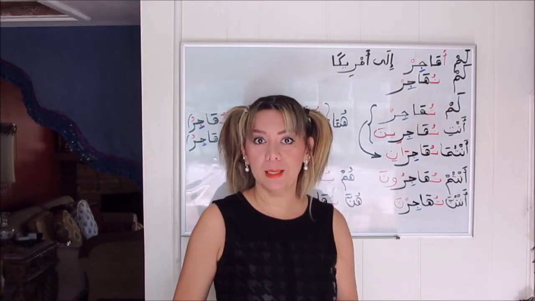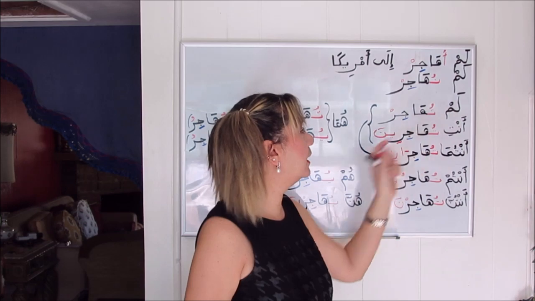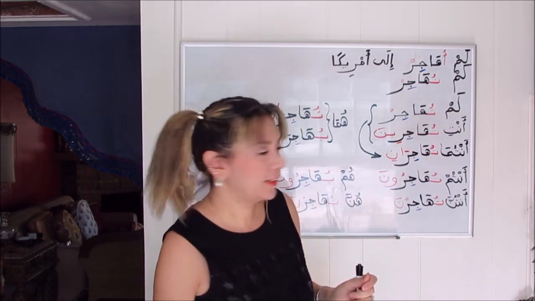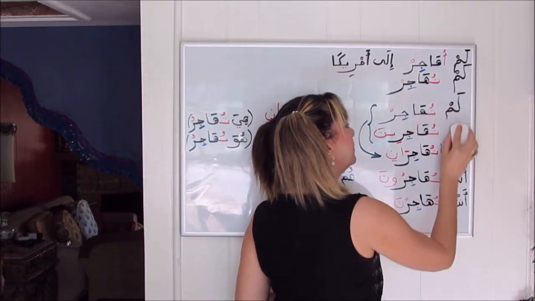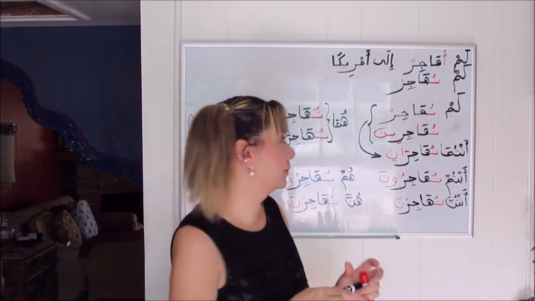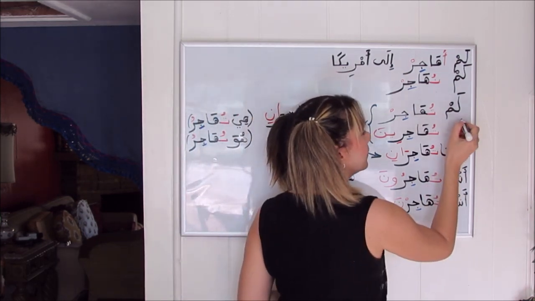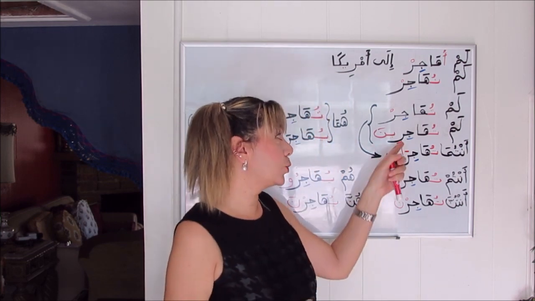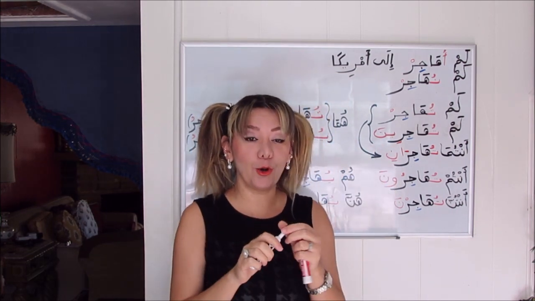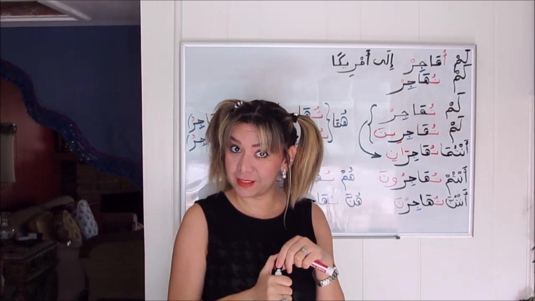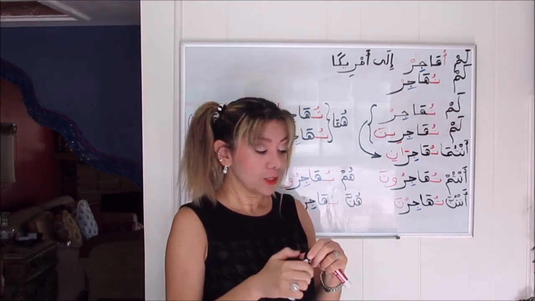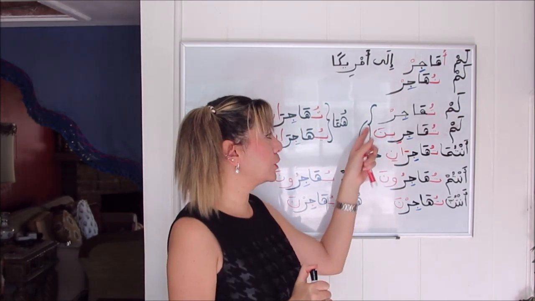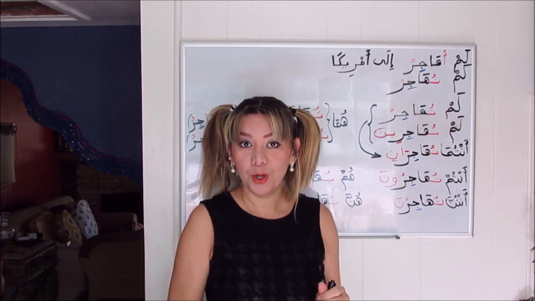What about feminine? أنت لم. And we said that تهاجرين is one of the five verbs. So when we have such a suffix, what do we do?